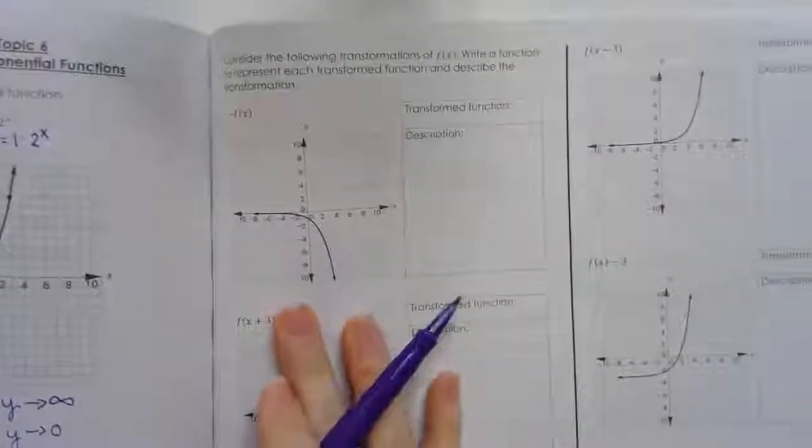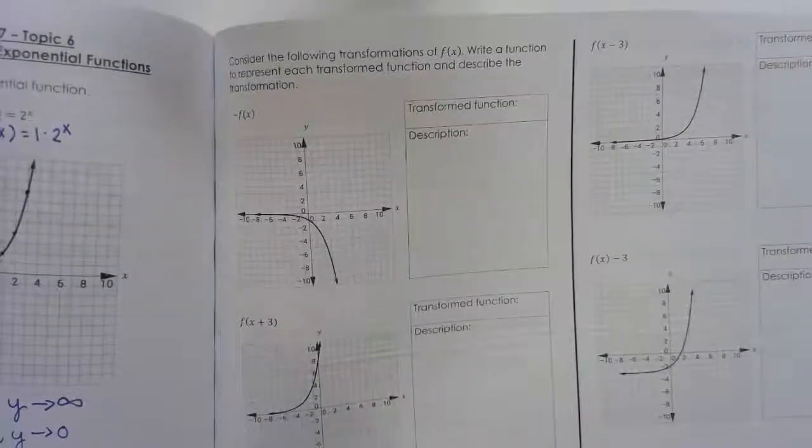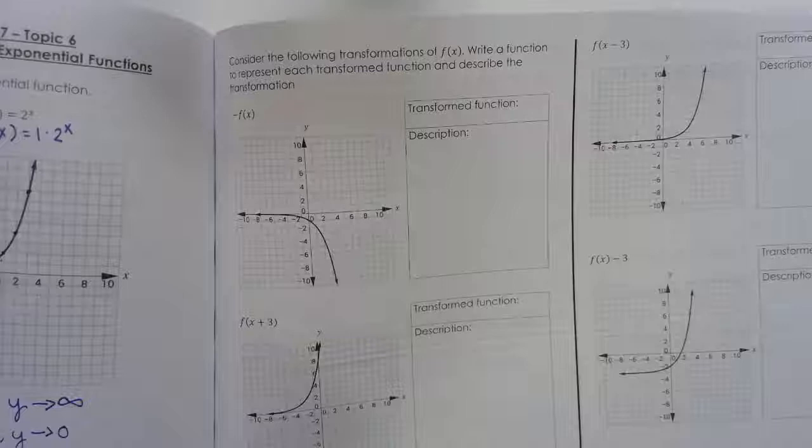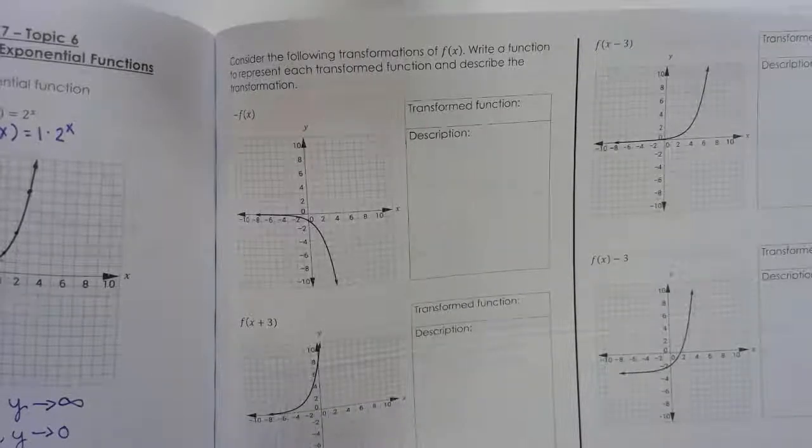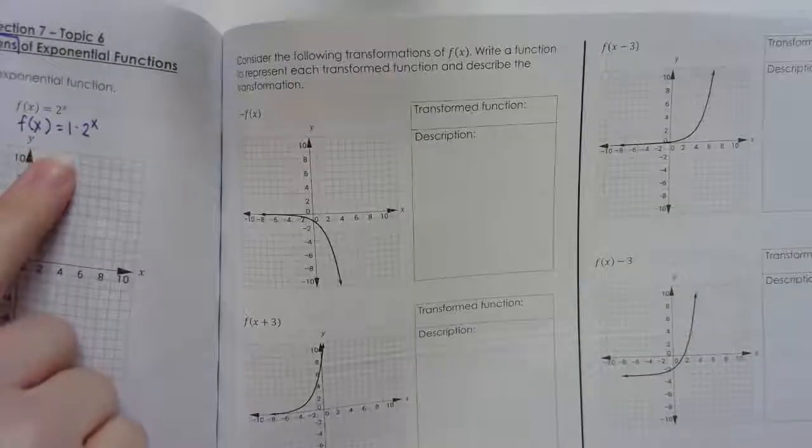So then, consider the following transformations of f of x. Write a function to represent each transformed function and describe the transformation. So negative f of x. So we're still going back to the basics of f of x equals 2 to the x.